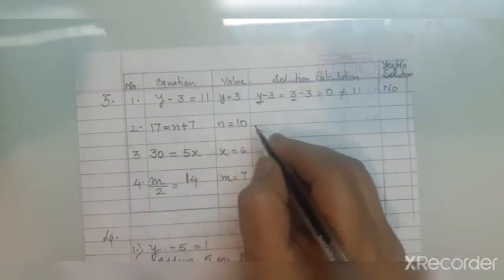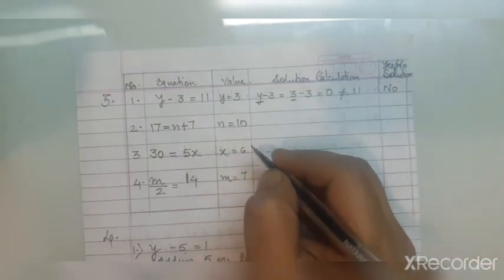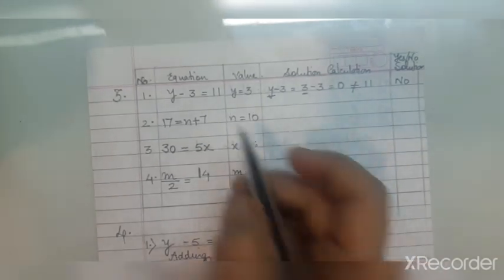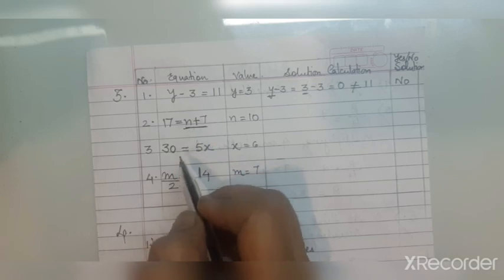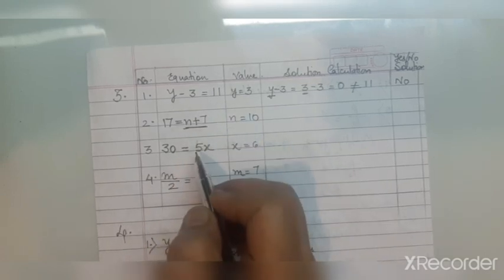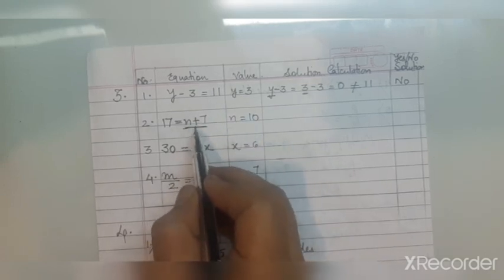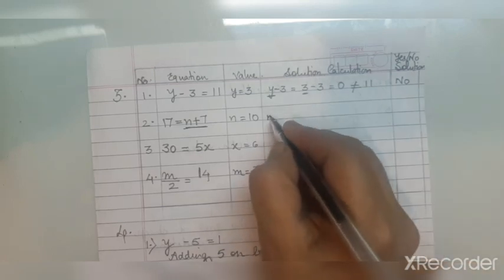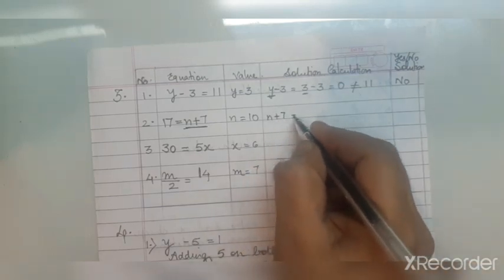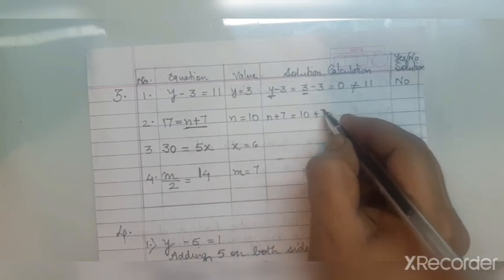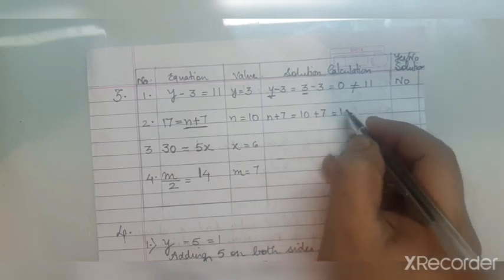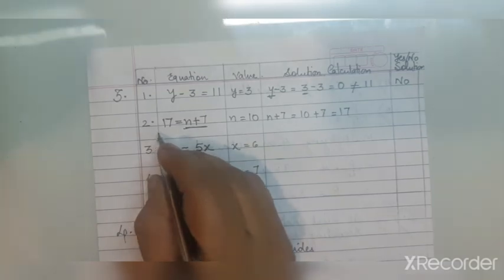Okay. Now, second one, n is equal to 10. Same procedure. We have to take the right hand side now because the variable is on the right hand side. So, we will take n plus 7. Instead of n, we have to put 10 now. 10 plus 7. What is 10 plus 7? 17. Is it equal to the other side?